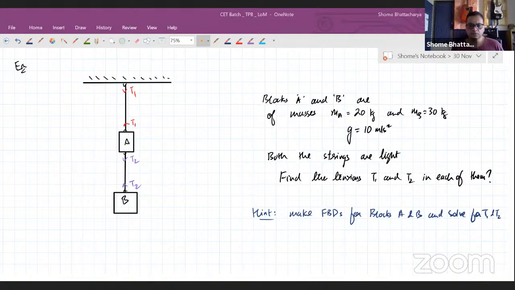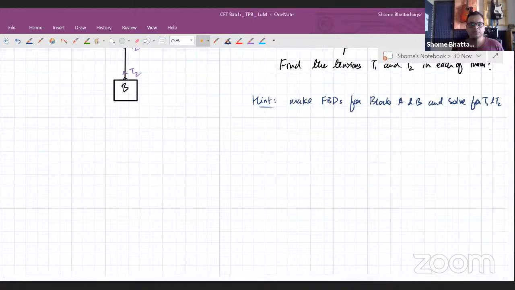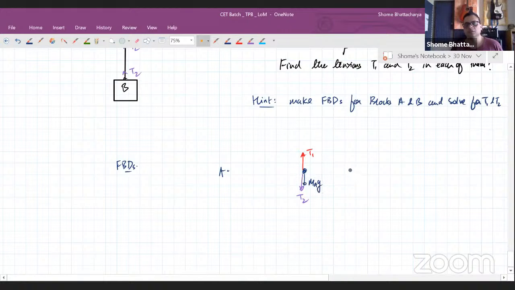Okay, so let's work this out quickly. If you look at the free body diagram of the first block, block A, there are actually three forces acting. There is tension T1 acting upwards, there is tension T2 acting downwards, and then there's the block's own weight, like this, and its acceleration is 0 because it's at rest.